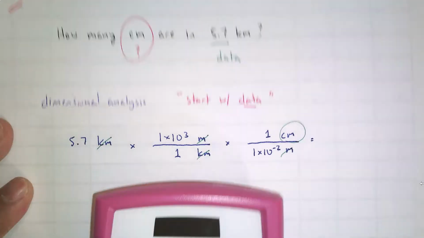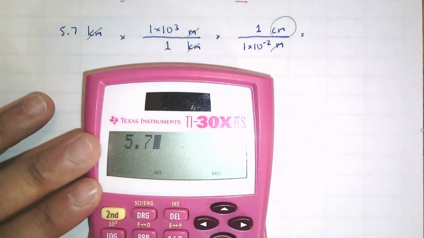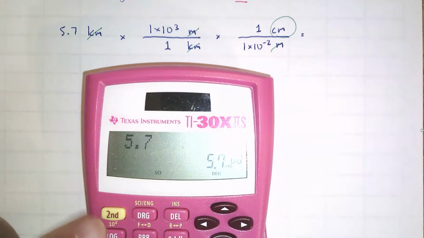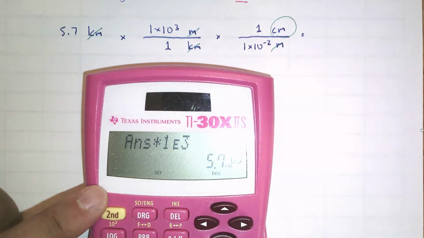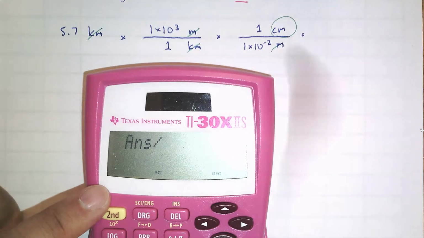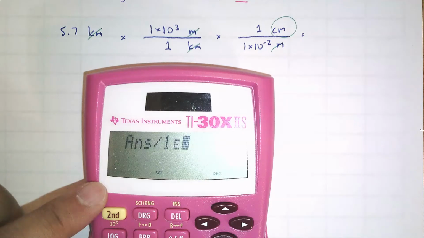Now practice the punching of the calculator. 5.7, enter, times 1E3 equals. I'm doing this in parts, pressing equal after each operation, divided by 1E minus 2 equals.